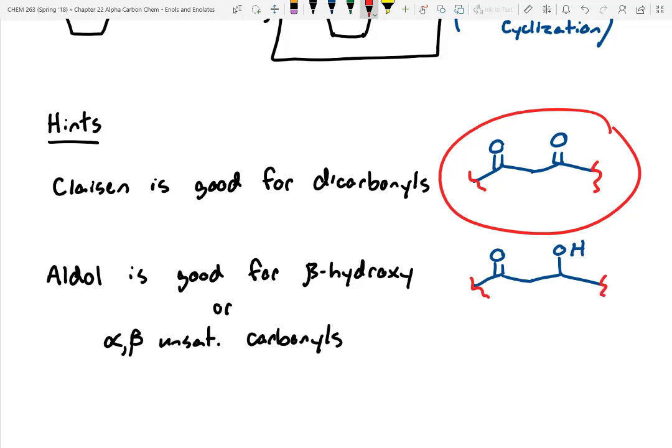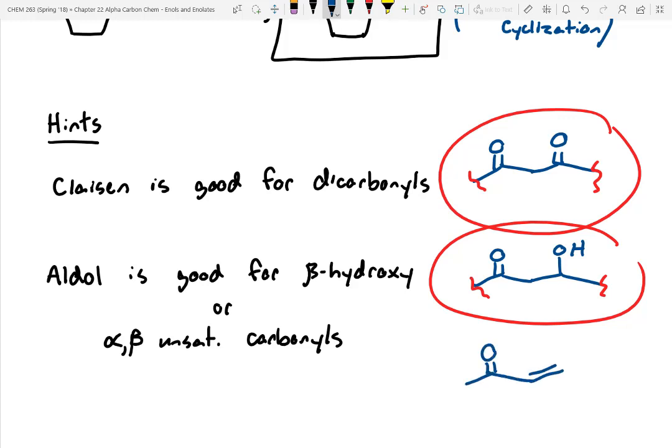So that would be beta hydroxy. You can make that really easily with an aldol. Is that done at high or low temperatures? Low temperatures, right? And then the last one says, all right, you can do an alpha beta unsaturated reaction. Looks like this. I'm just going to do red squiggly lines to indicate it's coming off something else. And that's done under high temperatures. But both of these are aldol reactions. The dicarbonyls are typically Claisen reactions.